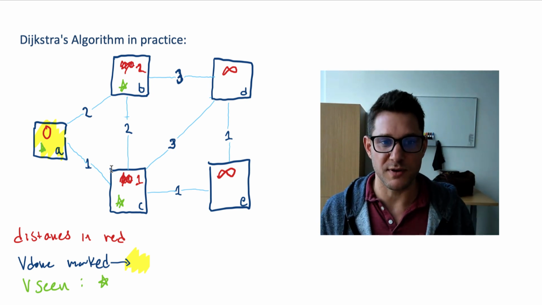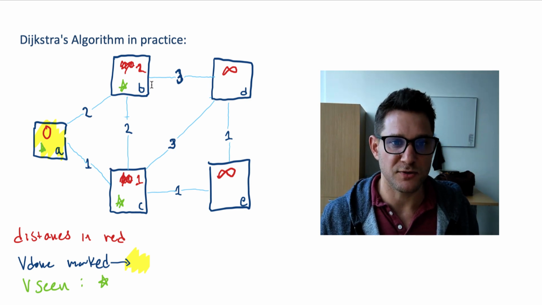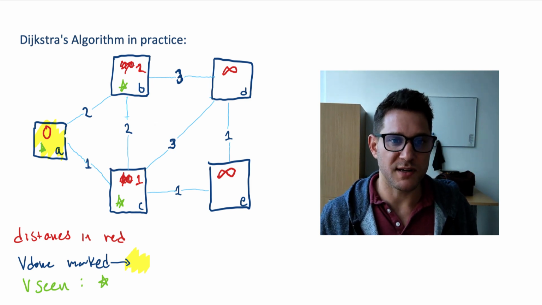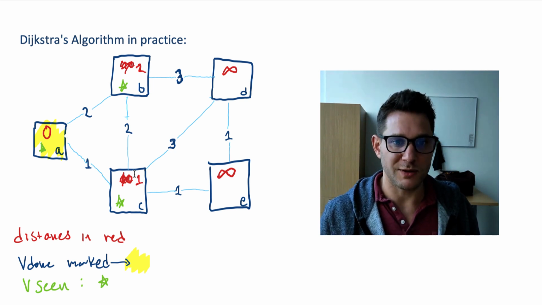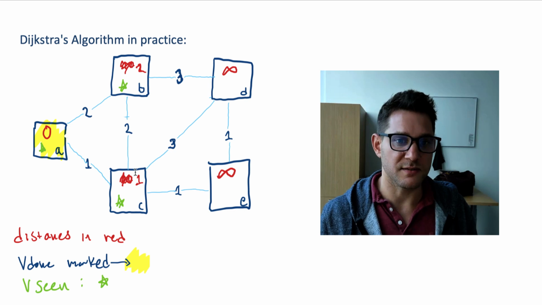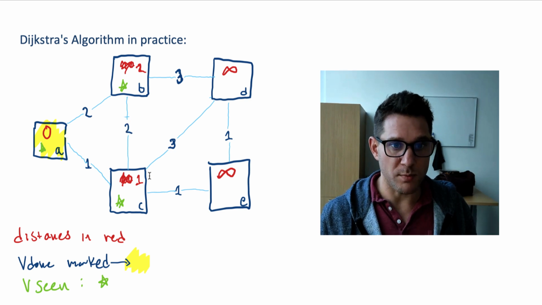Let's now cycle through the neighbors of C. C's first neighbor is B. So now we're going to consider, is a path from B to the root going through C better than the current estimate of the distance from B to the root? Well, currently we know that the distance to C is 1 because of this red value here. The edge weight between B and C is 2. 1 plus 2 is 3.